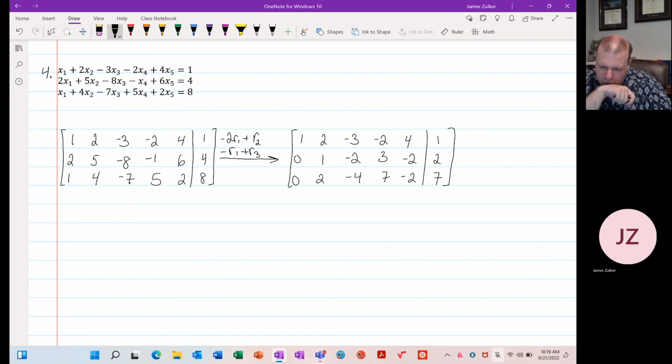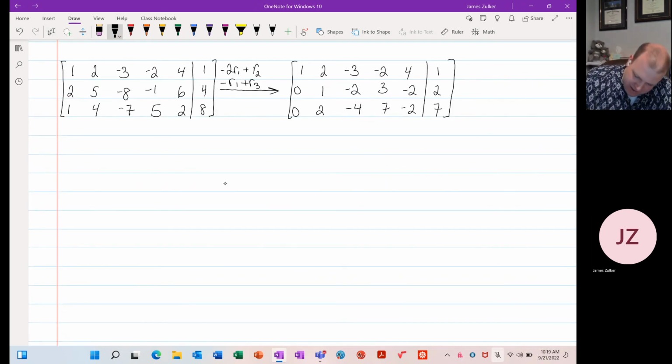Now that 2, 2 entry is our next pivot. So zero out everything below that.